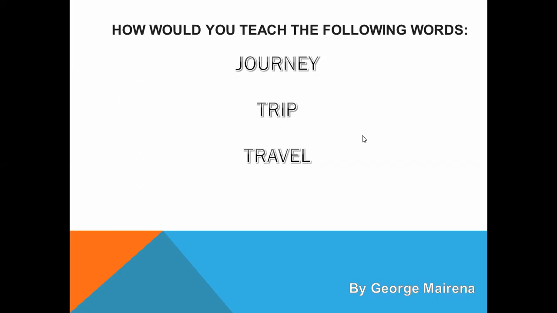And trip also can be illustrated. You can choose a weekend trip, a family trip, so they are different, and you can choose different contexts to teach them. Okay, thank you.